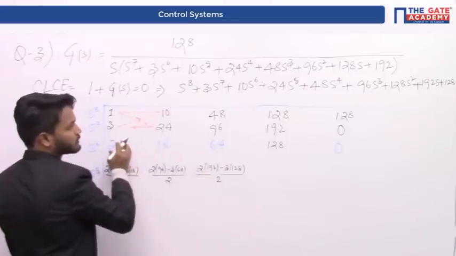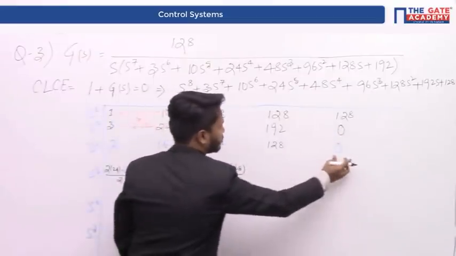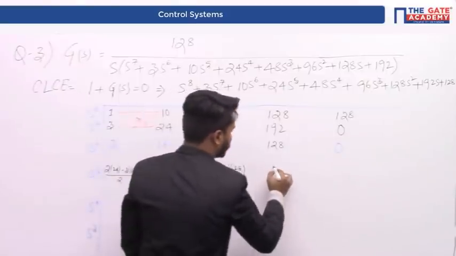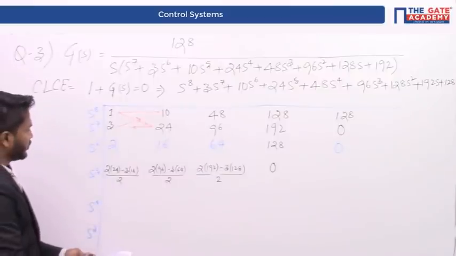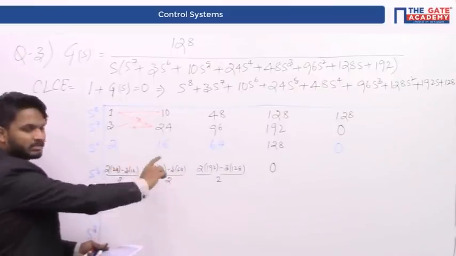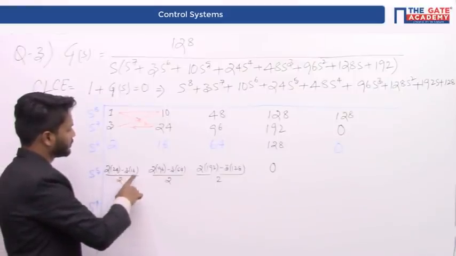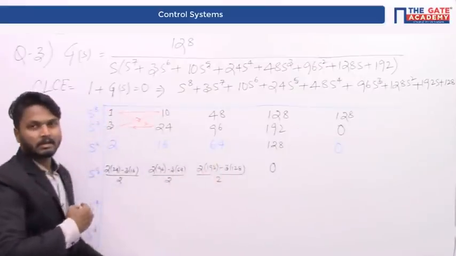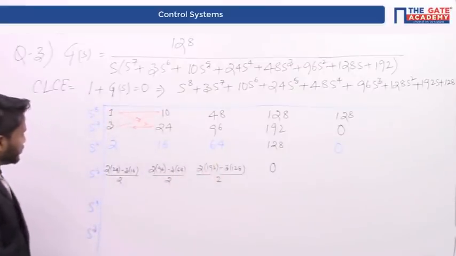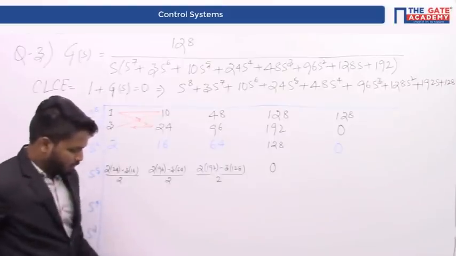The next element is 2 multiplied by 0 minus 3 multiplied by 0, that is equal to 0 anyways. Therefore, if you calculate these terms, if you start calculating this 2 multiplied by 24 and 3 multiplied by 16 divided by 2, all these terms, the entire row is going to become 0. So this is going to be equal to 0.